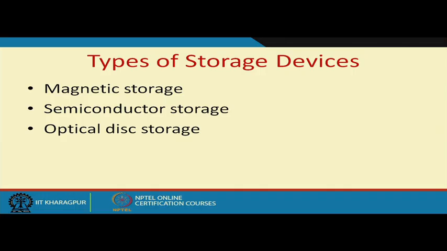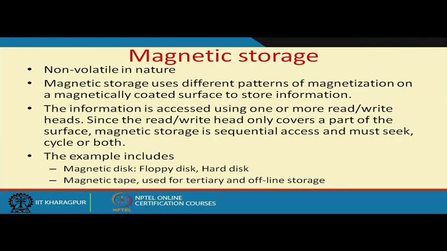Now, these secondary storages can be in various forms. First one is magnetic storage, second one is semiconductor storage, and it can be optical disk storage as well. While the main memory is volatile, all these secondary memories are non-volatile.